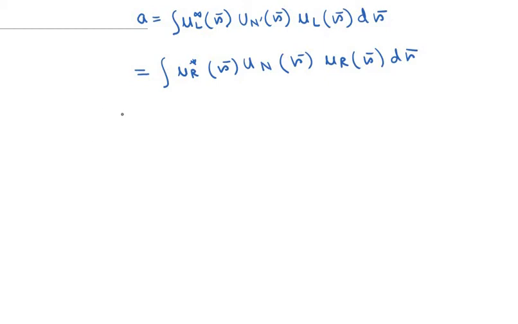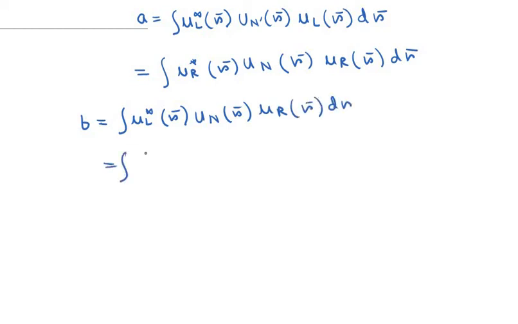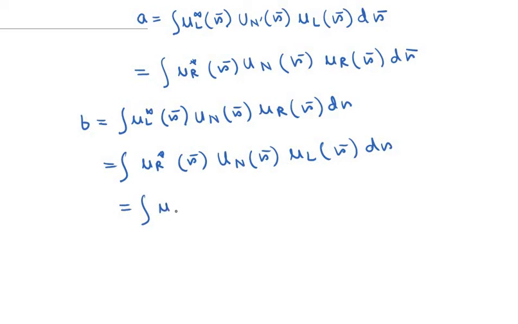So let us call this B. So B is equal to the integral of UL star R UN R UR R dr, and due to the symmetry of the system, this is equal to the integral of UR star R UN R UL R dr. Actually this should be equal to UN dash.